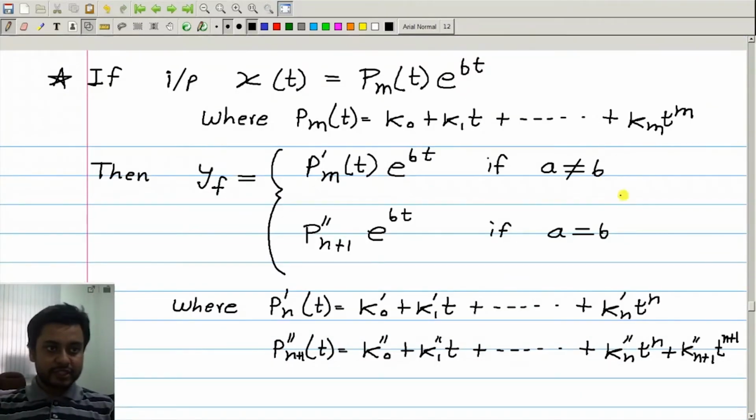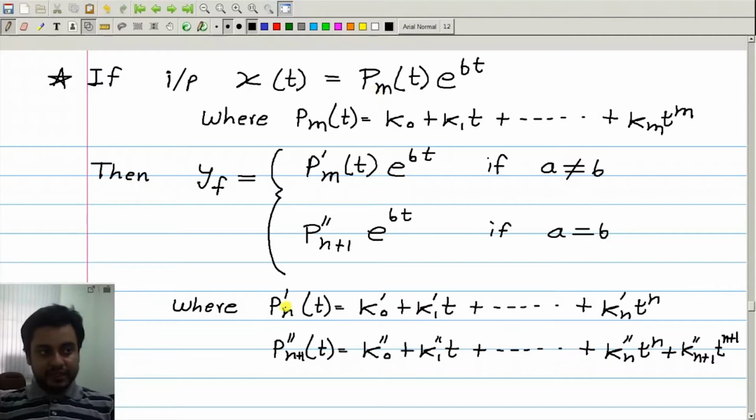So if a and b are unequal, then note that the forced response has a very similar form to the input: same exponent here and here, and this polynomial also has the same degree as the input.